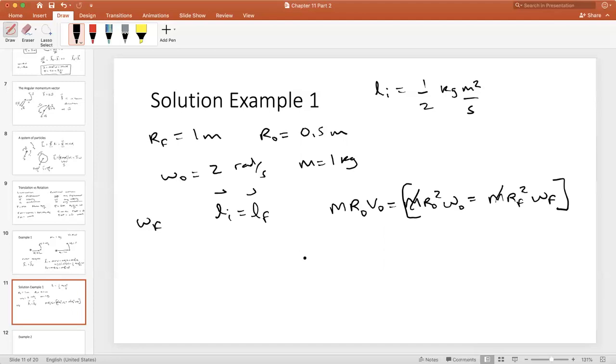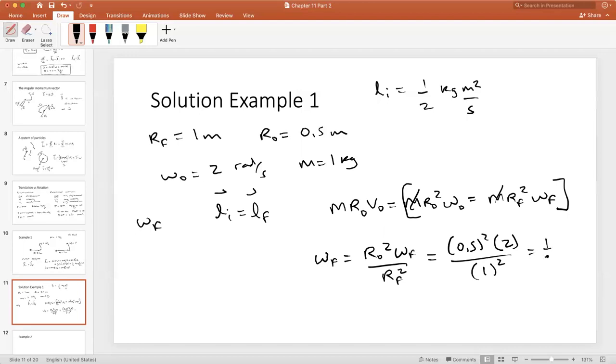Cancel the masses, and we get that omega final is simply R initial squared omega initial over R final squared. And this would be 1/2 squared times 2 over 1 squared. So this is 1/2 rad per second.